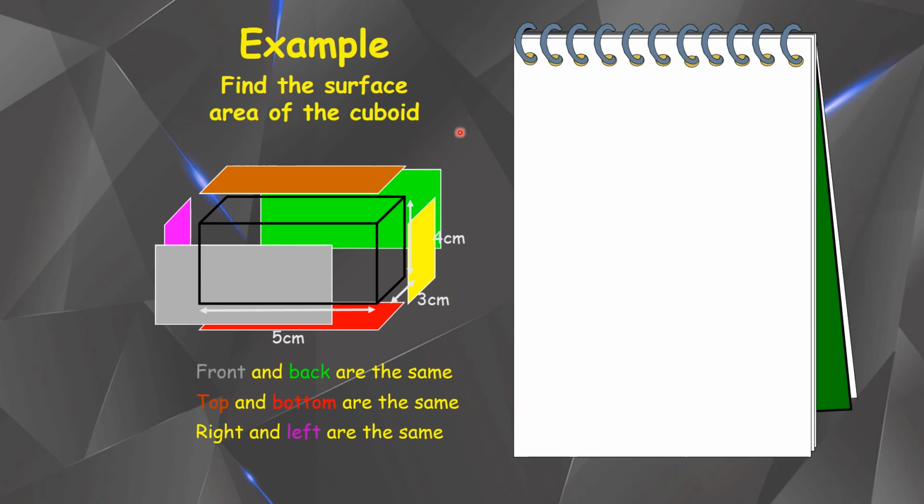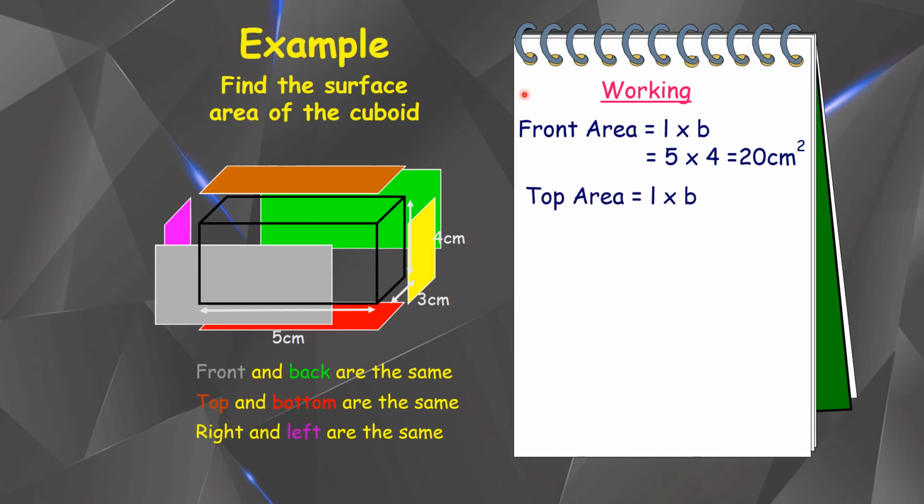So how will you find the surface area of this cuboid? Let's see. The front area, we know length times breadth, right? Or LB. So we can say 5 multiplied by 4. 5 multiplied by 4 will be 20 centimeters square. So the top area will be LB. Of course, this is a rectangle, right?